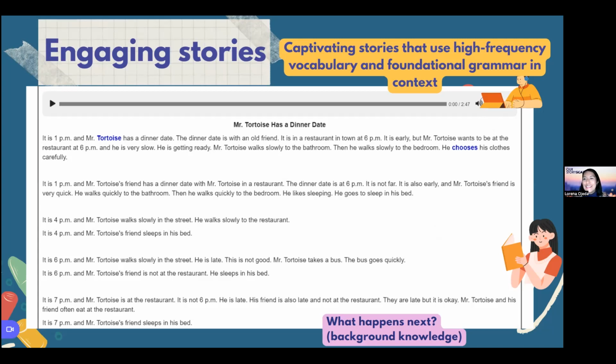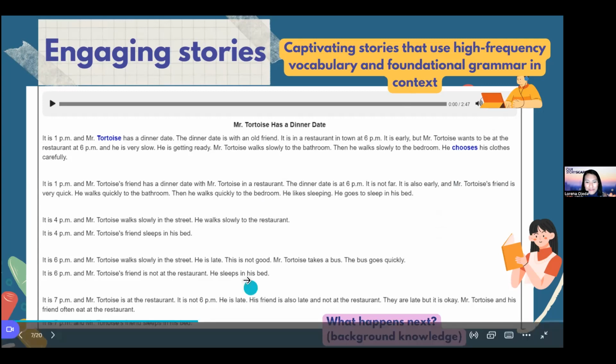All right. At this time, everybody's just getting home after a long day of work. And let's see. Right. I have my glasses. Okay. So it says, Mr. Tortoise has a dinner date. It is 1 p.m. and Mr. Tortoise has a dinner date. The dinner date is with an old friend.